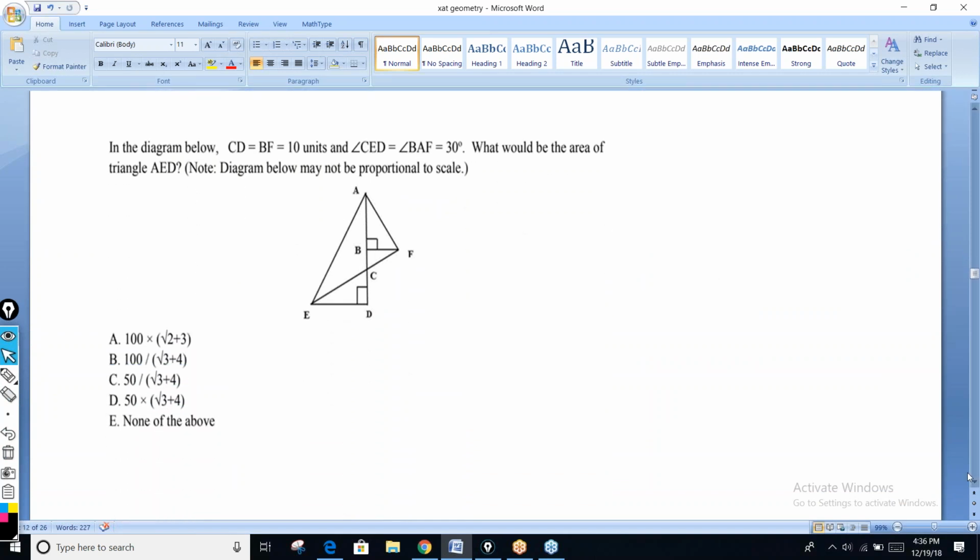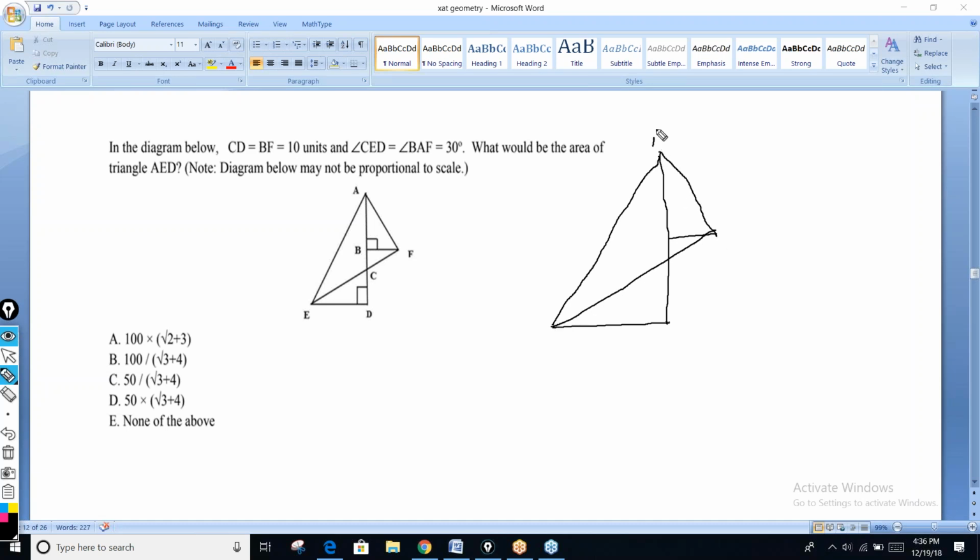This was again a good question, a 30, 60, 90 triangle based question. In the diagram below, CD is equivalent to BF. Should I draw a bigger figure? Okay.